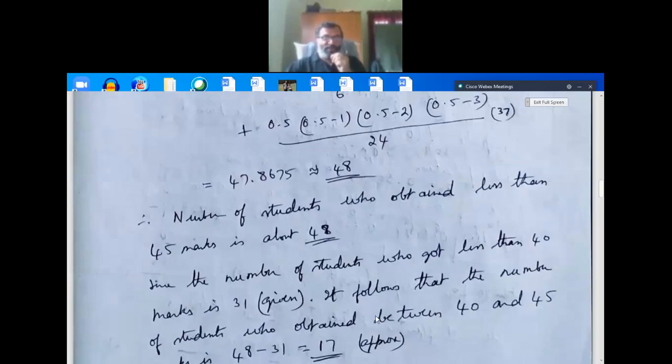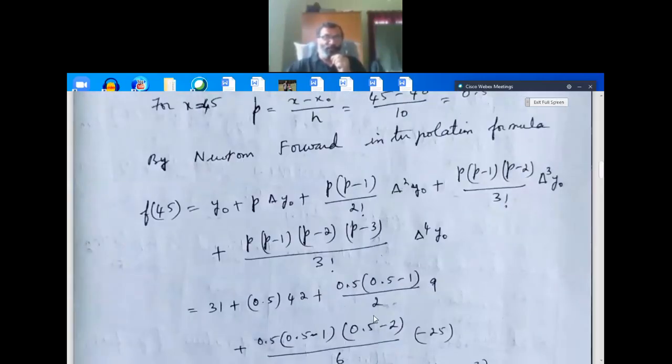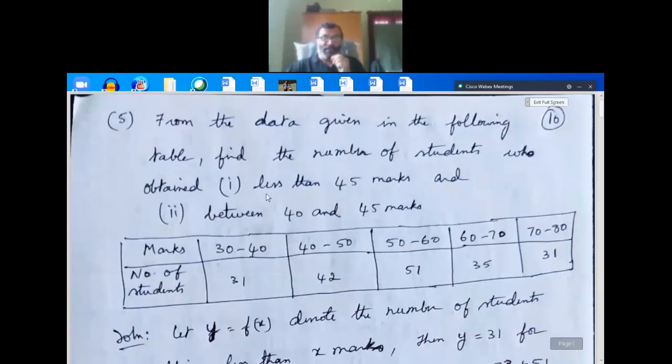Now we go to the next part. The number of students who obtained less than 45 marks is 48. Next is between 40 and 45 marks.